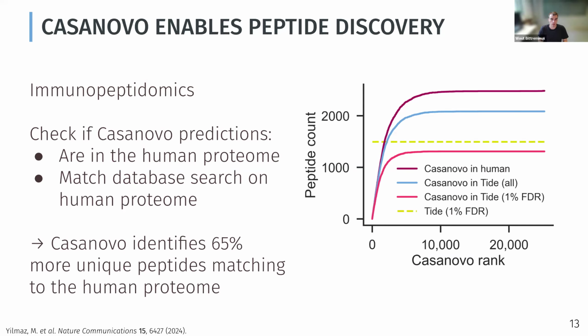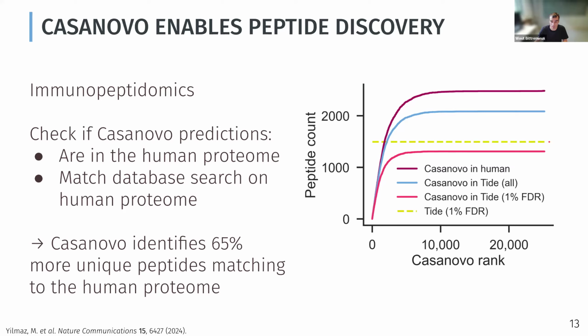Then we looked at whether we can make new discoveries with Casanovo. We used an immunopeptidomics data set again, and compared Casanovo against the gold standard performance from sequence database searching using the Tide search engine. Tide identified about 1,600 unique immunopeptides.